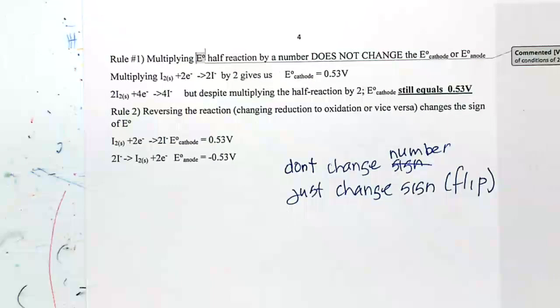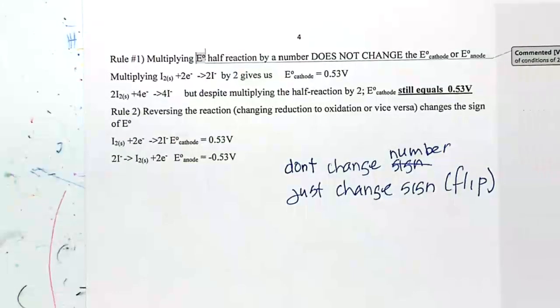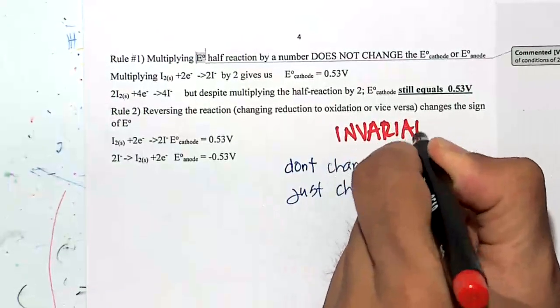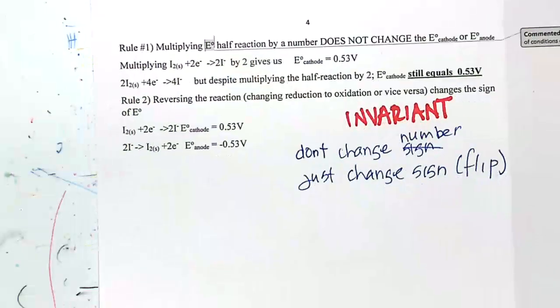If you flip it and make it cathode, or flip it and make it anode, you're just changing the sign. If I multiply by 10, what happens? It still remains the same. Here we multiplied it by 2. We can multiply it by 10, we can multiply it by 100. That number is invariant. What you see in that table is invariant. So that's page 4.